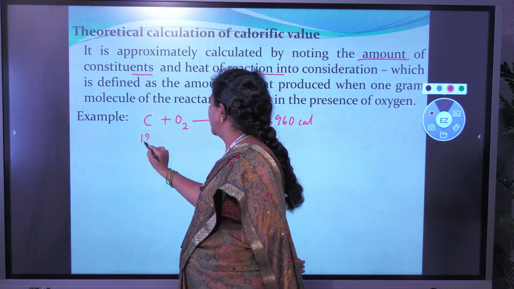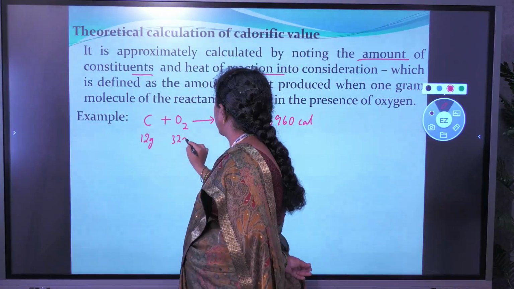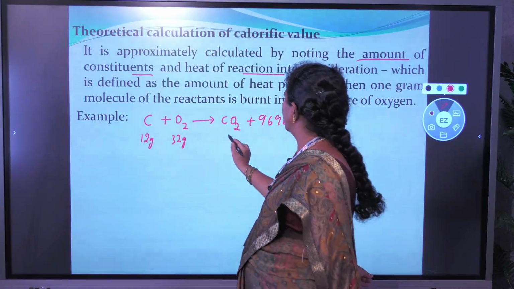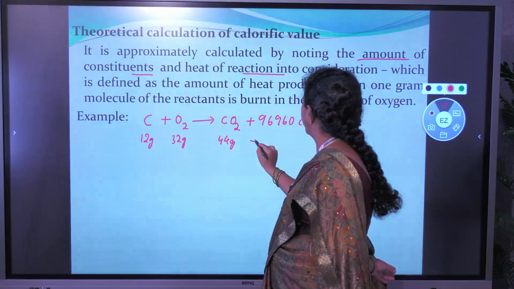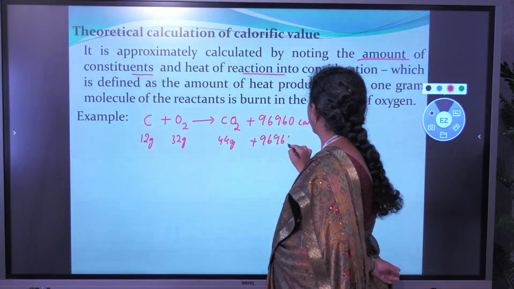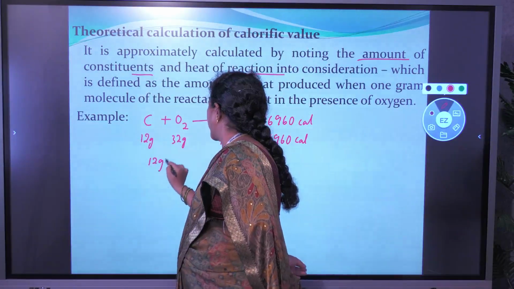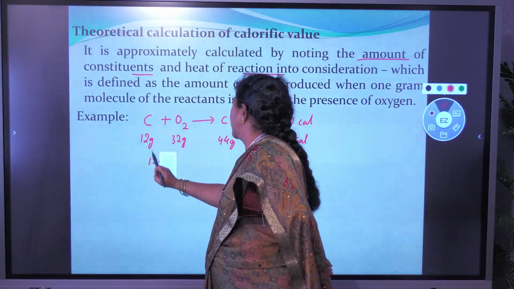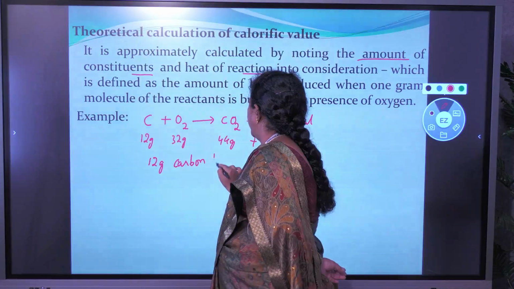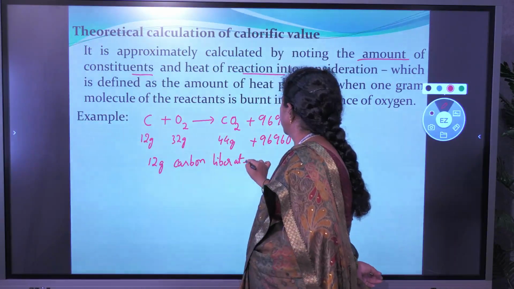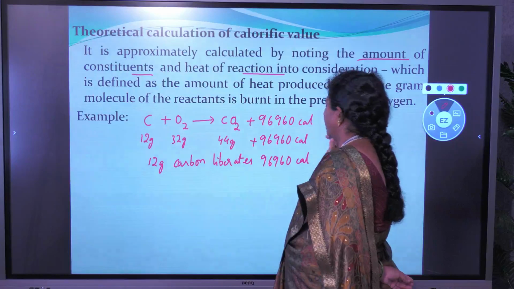So here 12 grams of carbon combines with 32 grams of oxygen, producing 44 grams of carbon dioxide, liberating 96,960 calories of heat. That means 12 grams of carbon liberates 96,960 calories of heat.